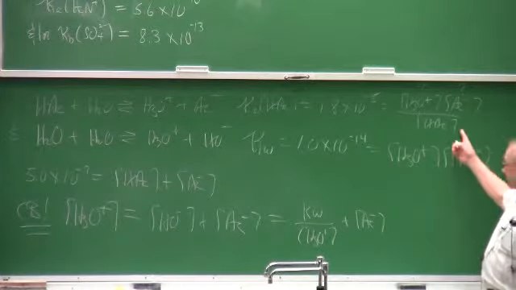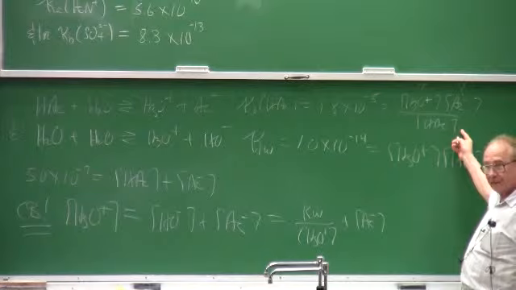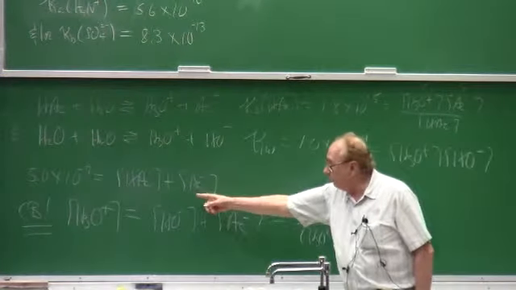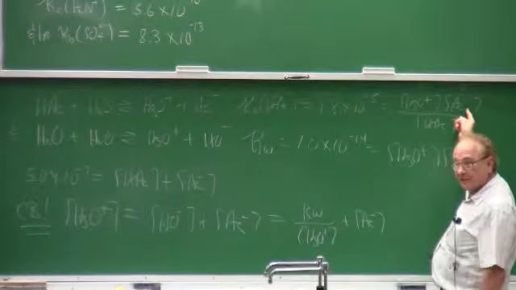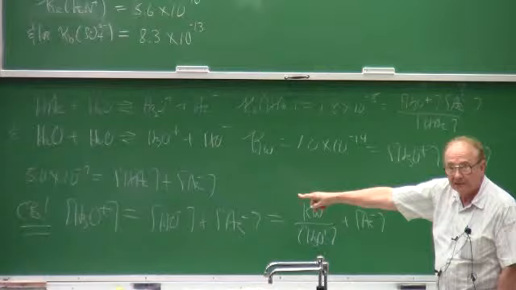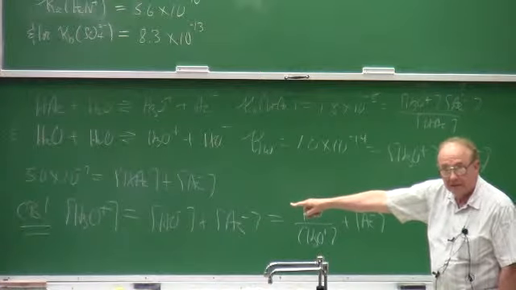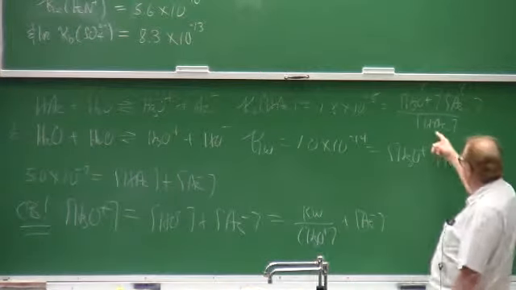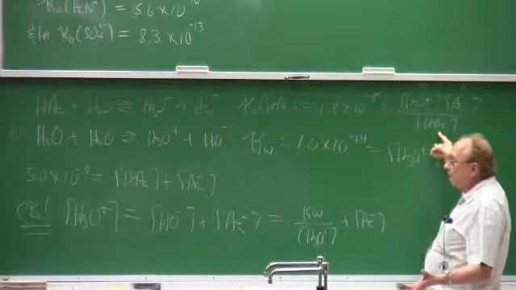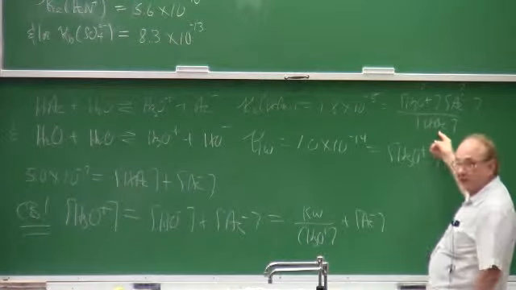So, can I take this expression and rewrite it so that it has either acetate ion in it as an unknown or acetic acid by using material balance? Yeah, right? Up here, I'll write instead 5.0 times 10 to the minus 7 minus the acetate ion molarity.